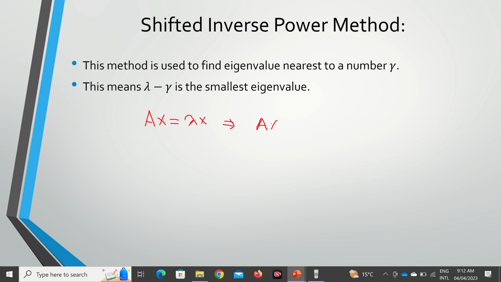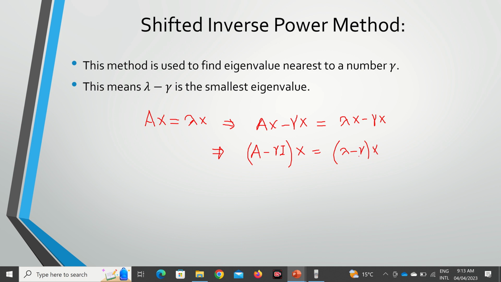So we have Ax minus gamma x equals lambda x minus gamma x, subtracting gamma x from both sides. We can do that, right? And then what do we have on the left side? We'll have A minus gamma I into x equals lambda minus gamma x.